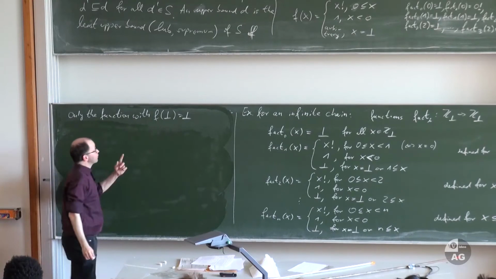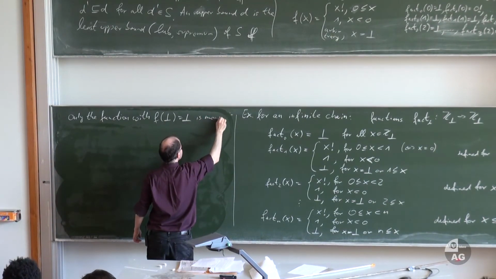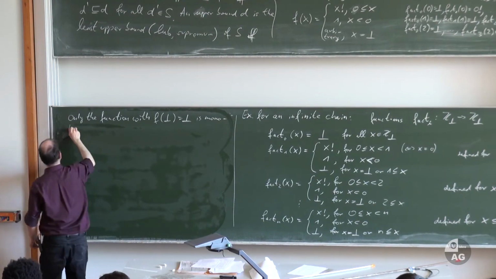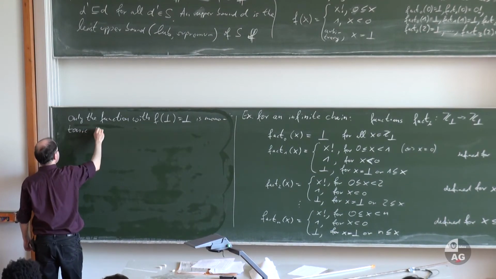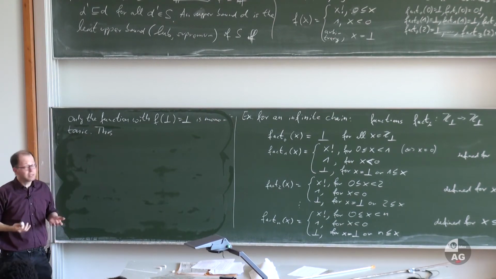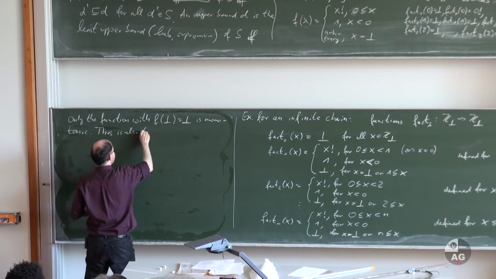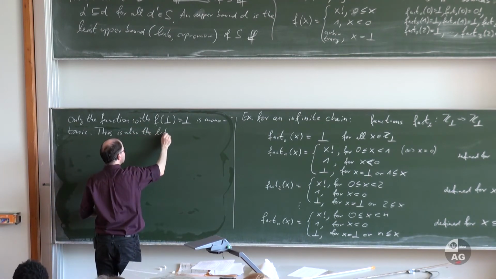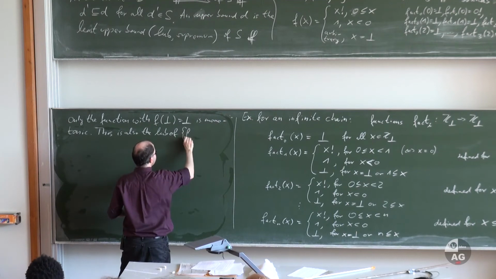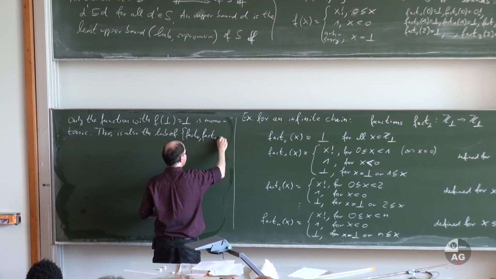This is the only one of these functions that is monotonic. And this is also clearly the smallest of all of these f's. So this is the least upper bound. This is also the least upper bound of this chain of fact 0, fact 1, and so on.